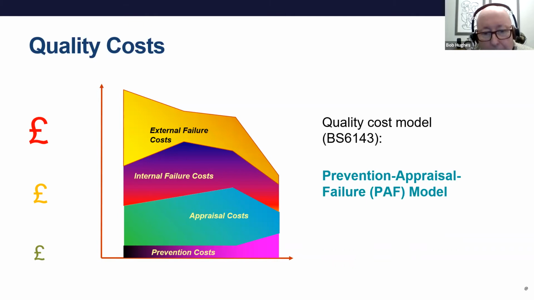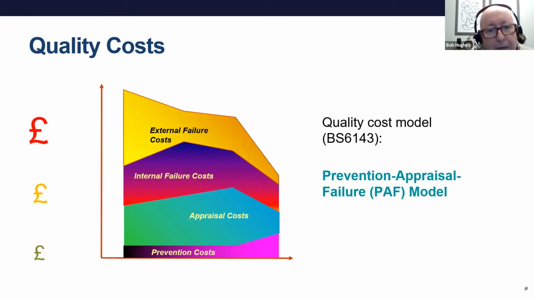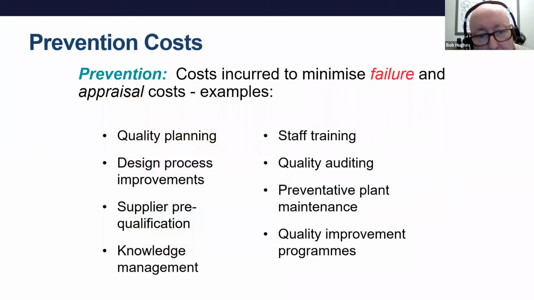There's 2 types of failure. There's identified failure from within the organisation, or there's identified failure that the customer tells us about. So what we might have to do is put these prevention costs, increase them at the front so we can reduce them at the back.